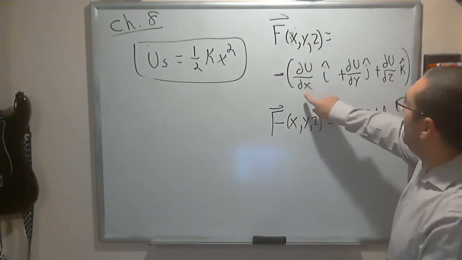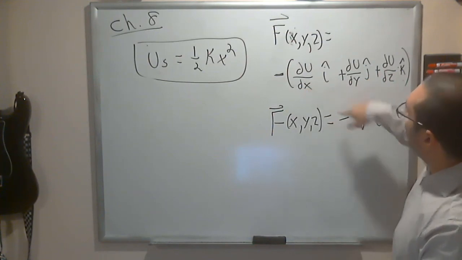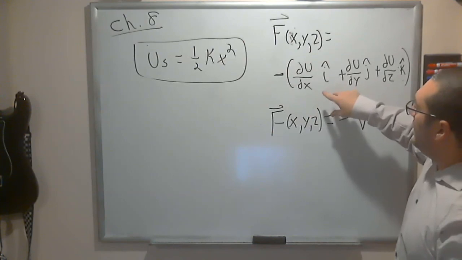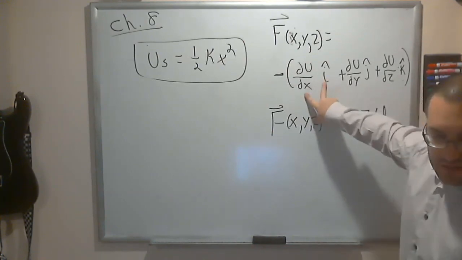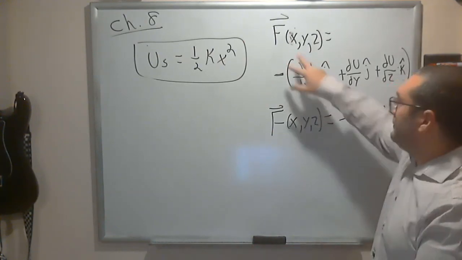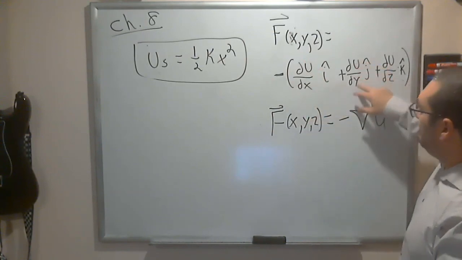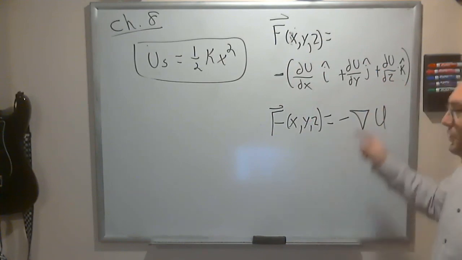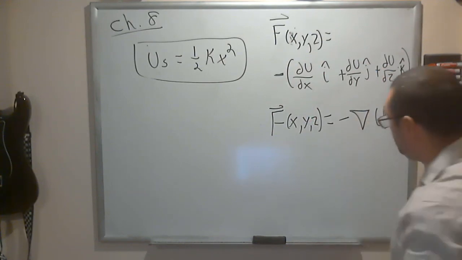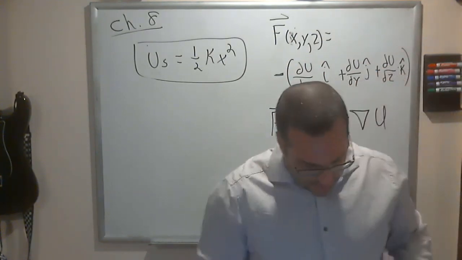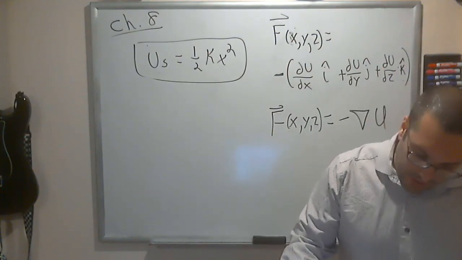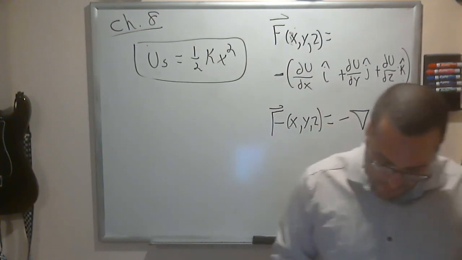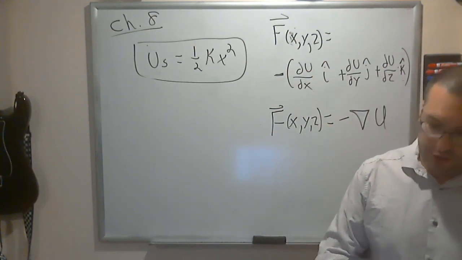And here, the gradient is just this process of taking the derivative in the x direction, and that's the component of the force in that direction. The derivative in the y direction is the force in the y direction, and so forth for z. And so we can figure out the forces from the potential energy.